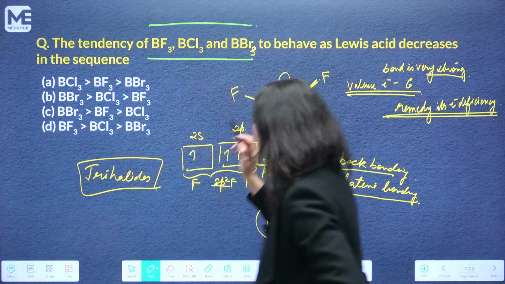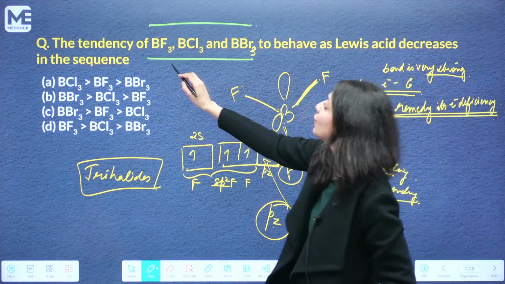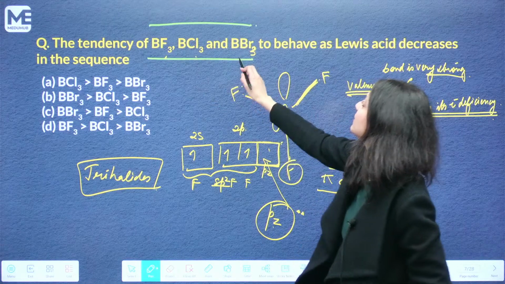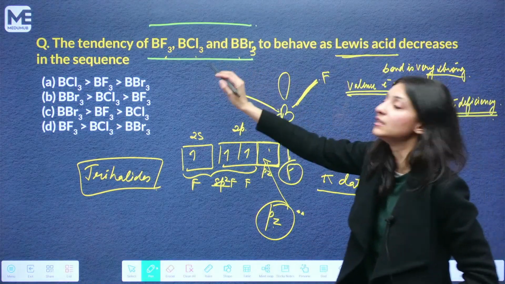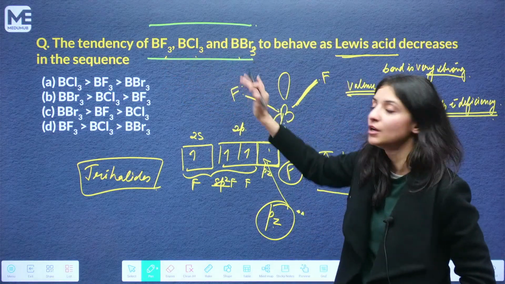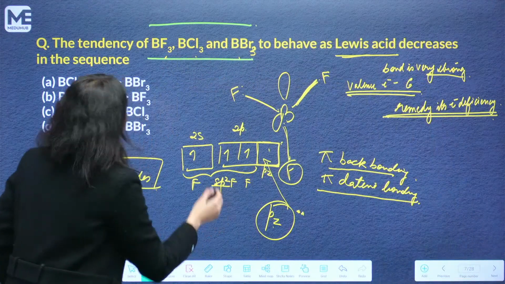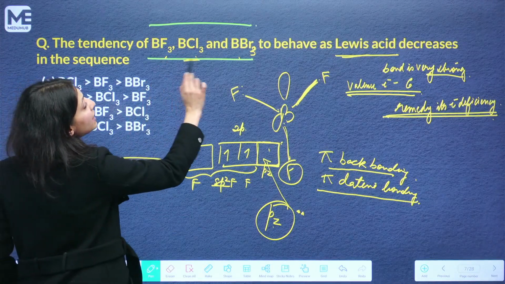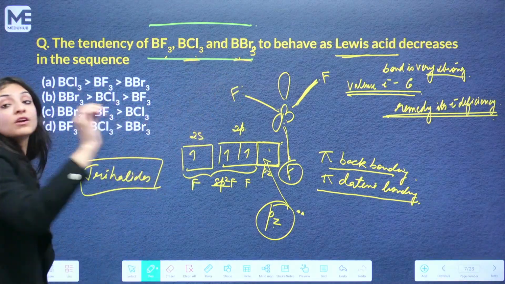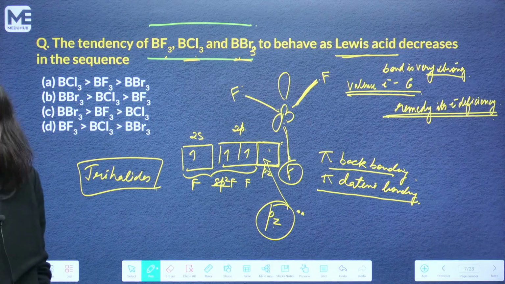Now the question is the tendency of BF3, BCl3 and BBr3 to behave as Lewis acid, means how electron deficient are these. So you have to arrange them in an order. So BF3 conveniently forms pi back bonding, but when you move on to chlorine and bromine, the size of chlorine and bromine increases, right?